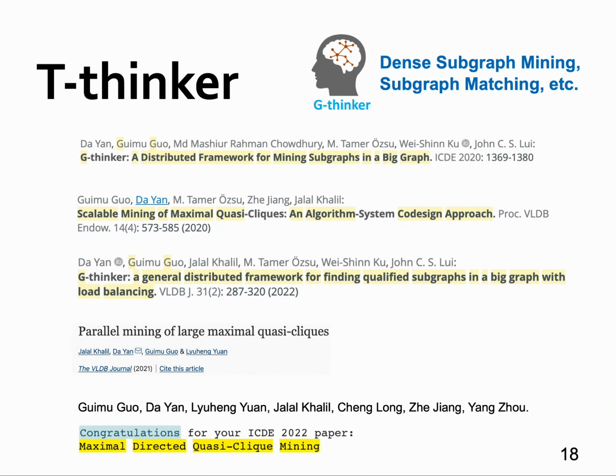Besides TreeServer, we have developed two other systems based on T-thinker's task-based computing model. The first one is G-thinker, which is a distributed programming framework for writing subgraph finding algorithms, such as dense subgraph mining and subgraph matching, and the resulting works have been published in top venues such as VLDB, ICDE, and the VLDB Journal.